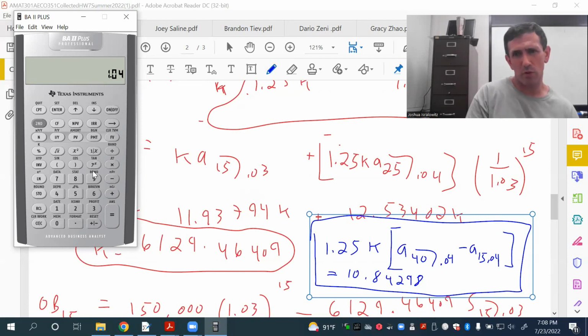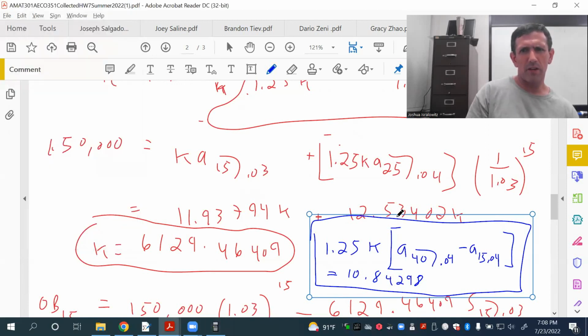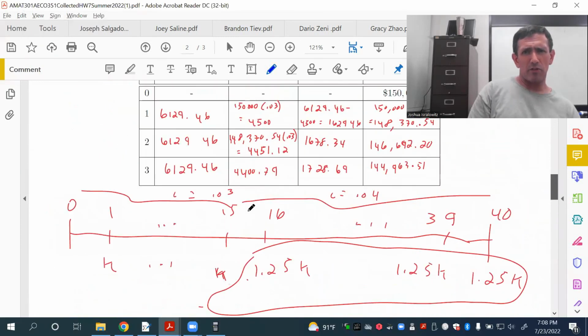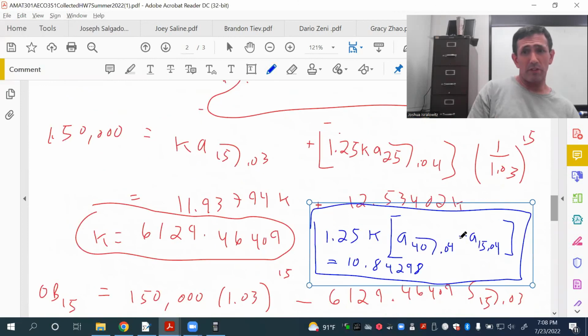I'm saying if it was 4, it's not, but if it was 4. So lo and behold, we got the same answer, 10.84298. Exactly what I get here. But because it's not the same interest rate, it gives you the wrong answer.